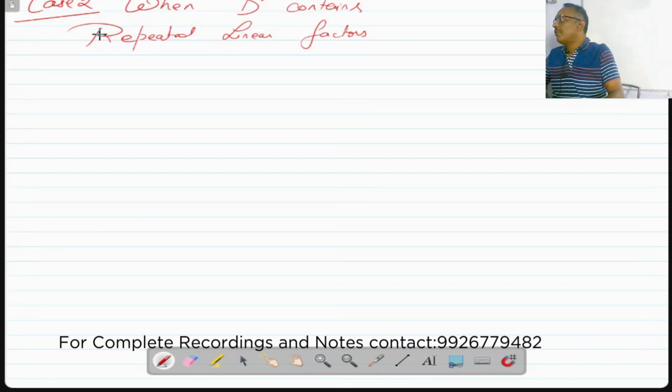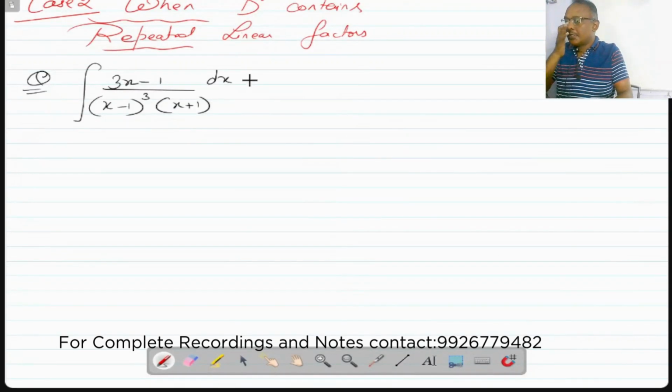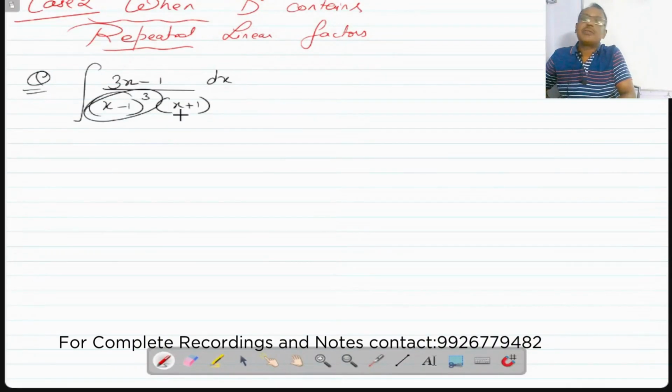That means whenever you have a question like this in the exam, say 3x minus 1 upon x minus 1 whole cube and x plus 1. ठीक है, तो a factor has been repeated 3 times.